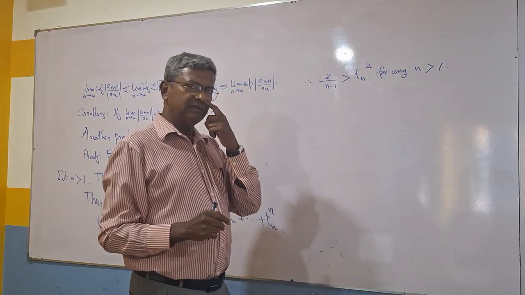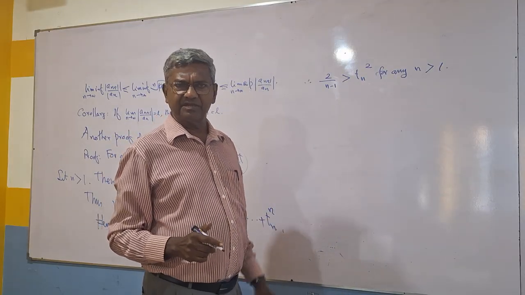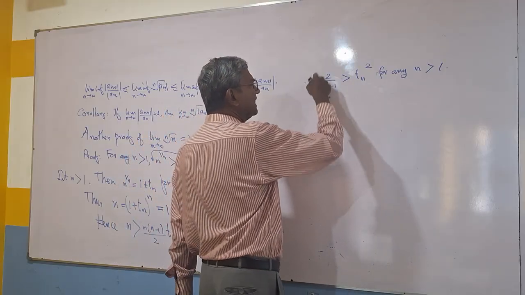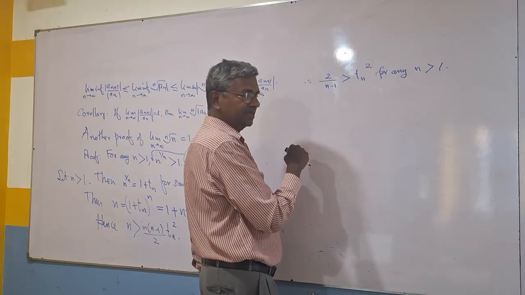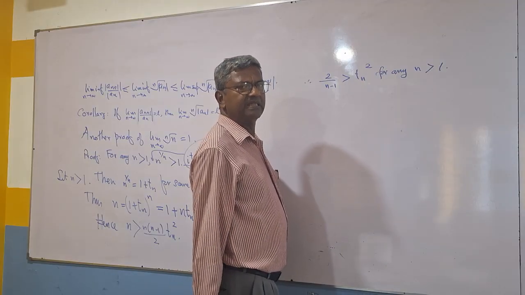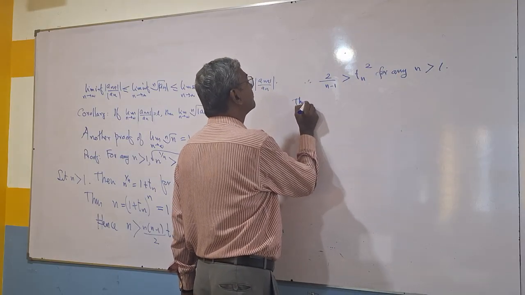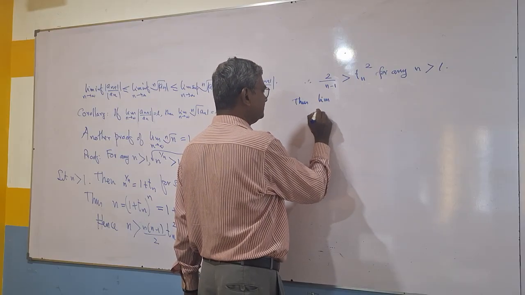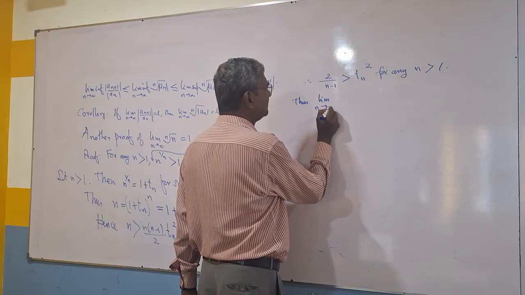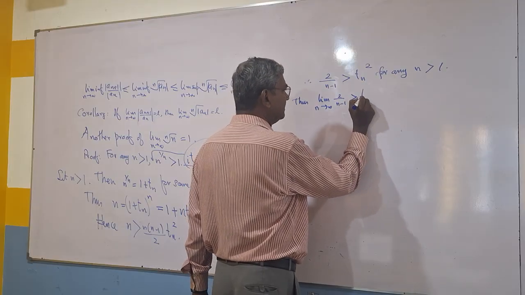Now you apply some comparison test for limits. This one has a limit when n tends to infinity. This one also has a limit when n tends to infinity.